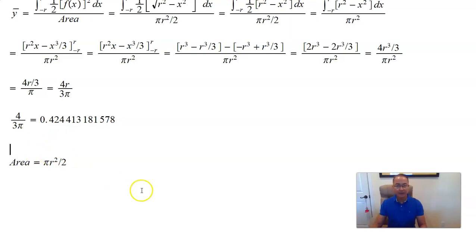Okay, there you go. So we did the right triangle, we did the half circle, half disc. Now, we basically did the computations when we only had one function, right? But as usual in calculus, sometimes you have a function above and another function below.